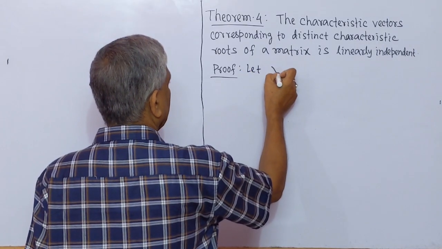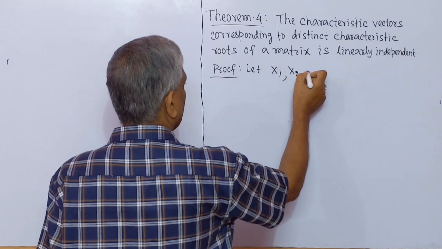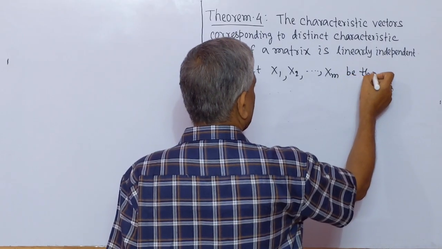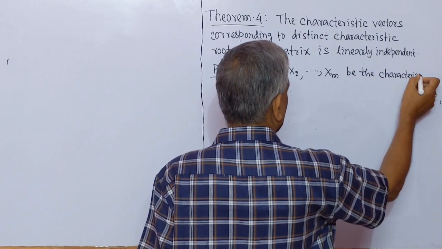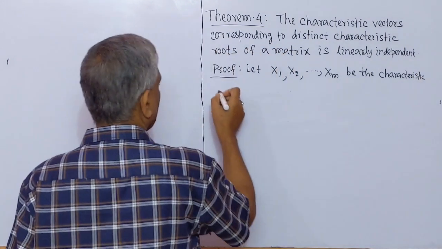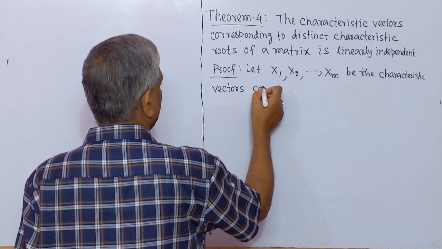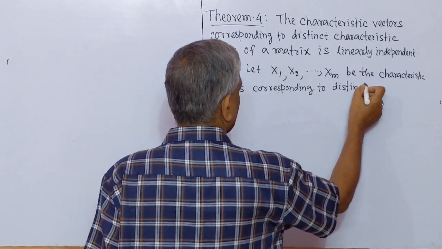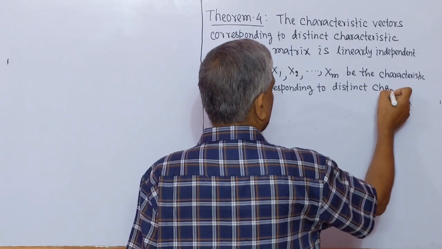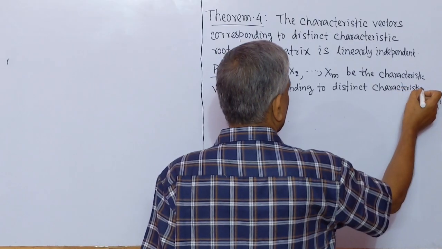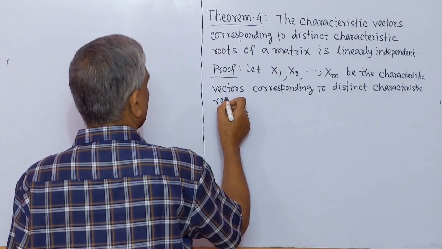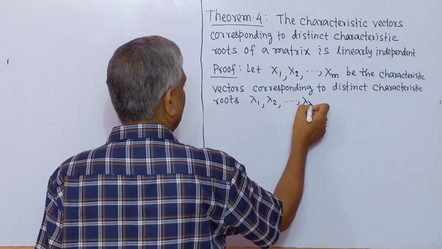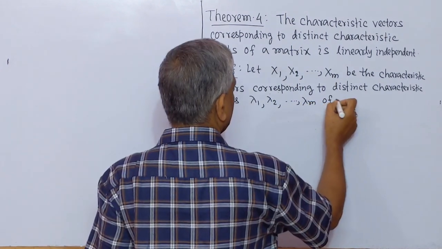Let x1, x2, ..., xm be the characteristic vectors corresponding to distinct characteristic roots lambda 1, lambda 2, ..., lambda m of matrix A.